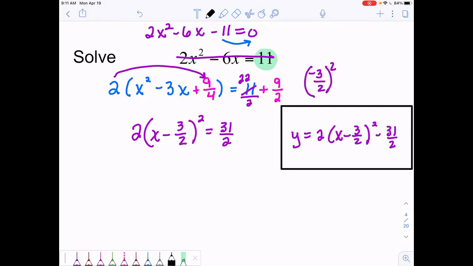Or instead of dividing by 2, there's a fraction on the other side. So I like saying instead of dividing by 2, let's multiply by a half since there's already a fraction on the other side. So this gives us x minus 3 halves squared equals 31 fourths. So, what do you do to solve this for x? You square root both sides.